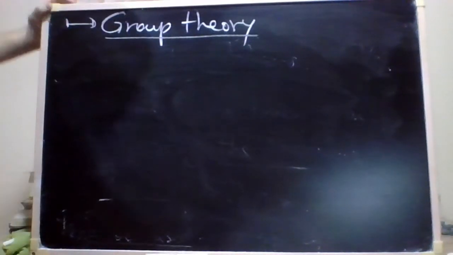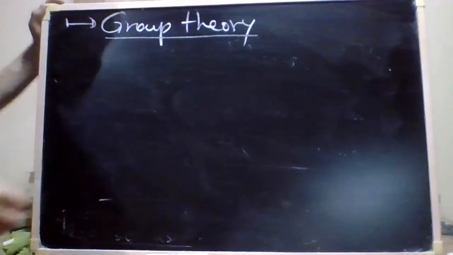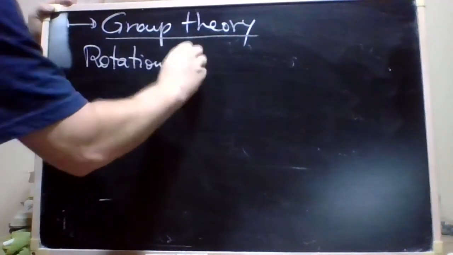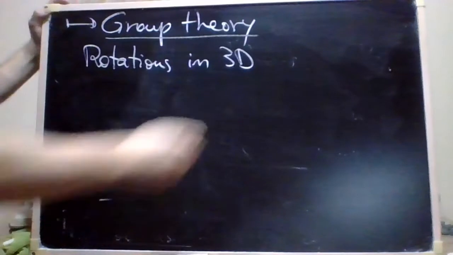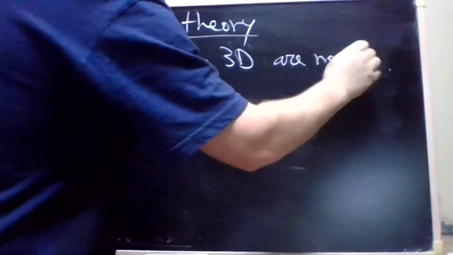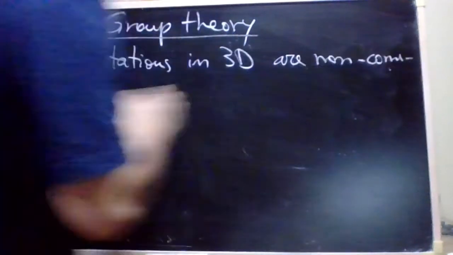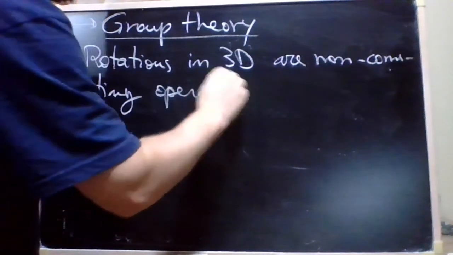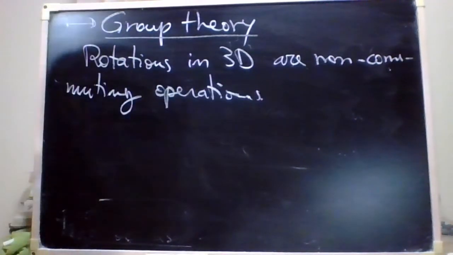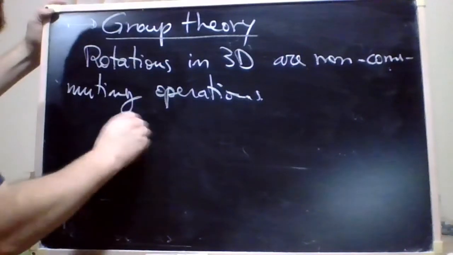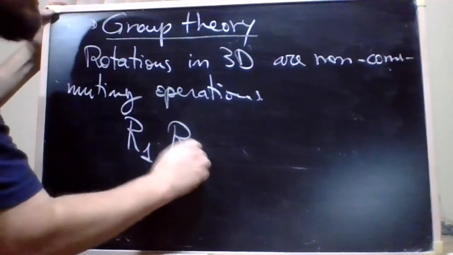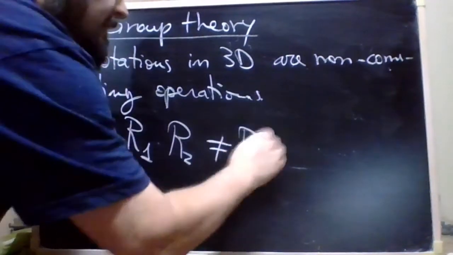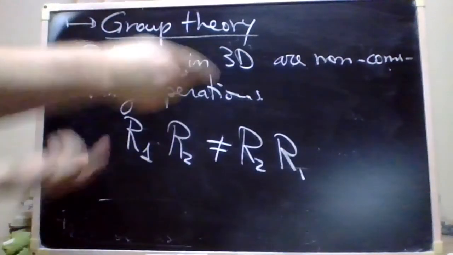But what I can say in advance here is that rotations in three-dimensional space are non-commutative or non-commuting operations. All right? Two rotations in general do not commute. Say a rotation 1 times a rotation 2 in general is different from doing the operations in the reverse order. All right?